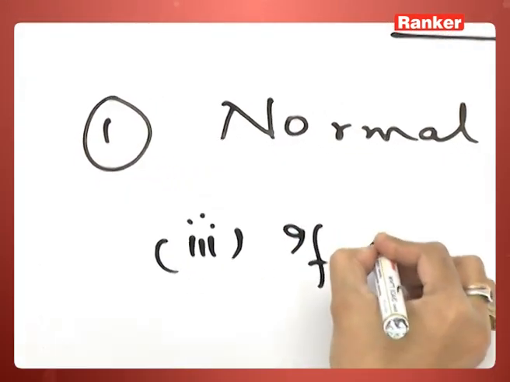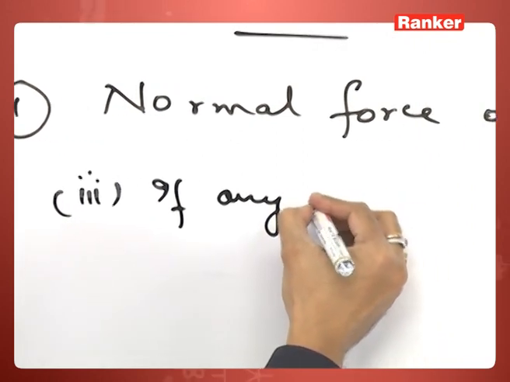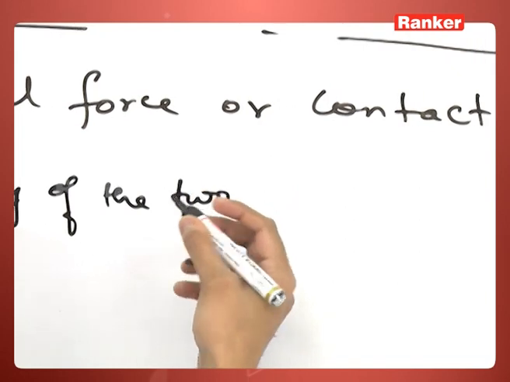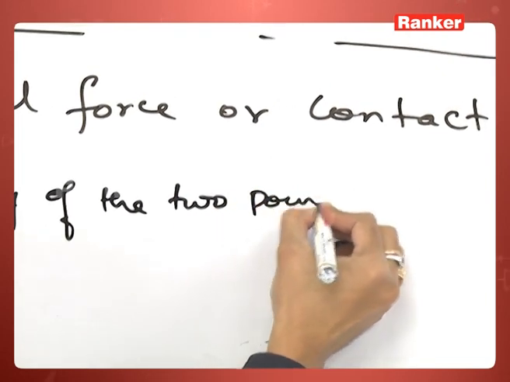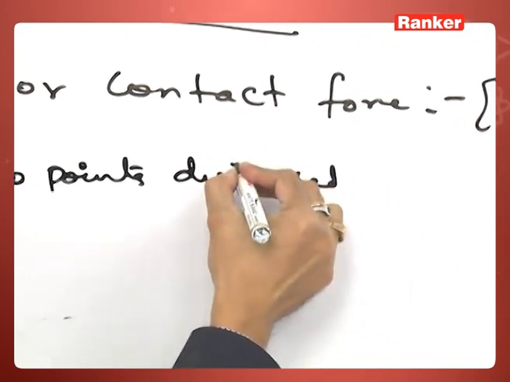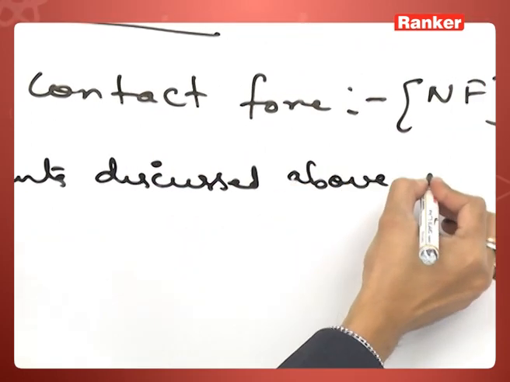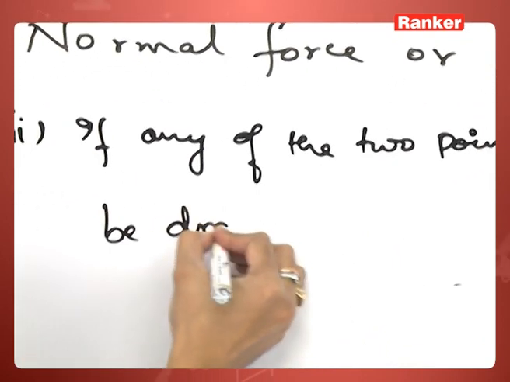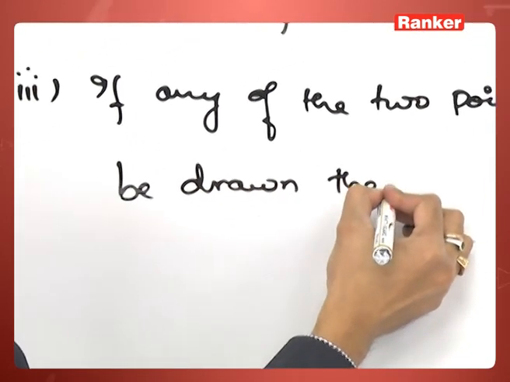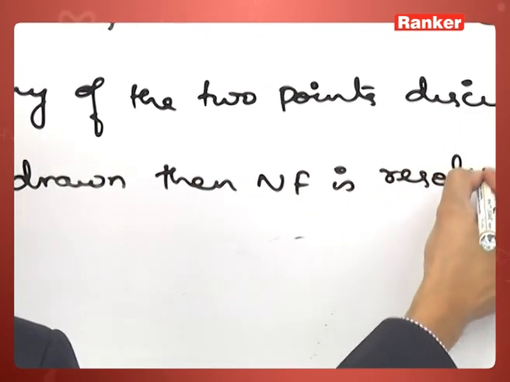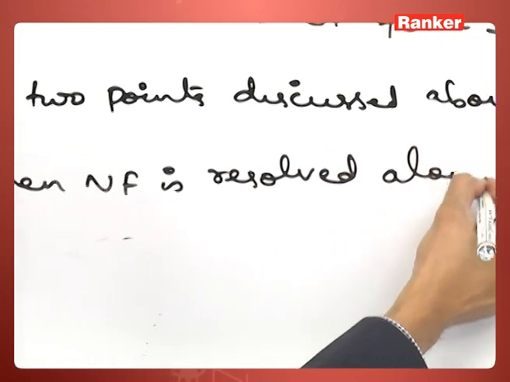If any of the two points discussed above can't be drawn, then normal force is resolved along two components.